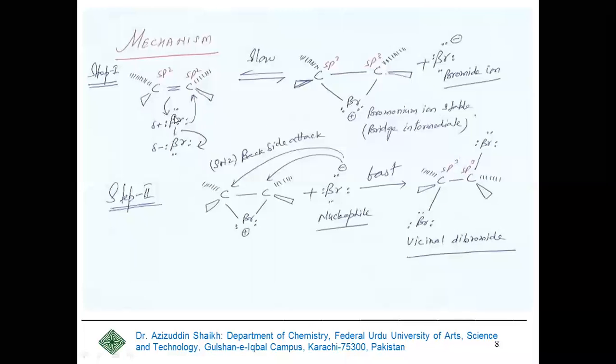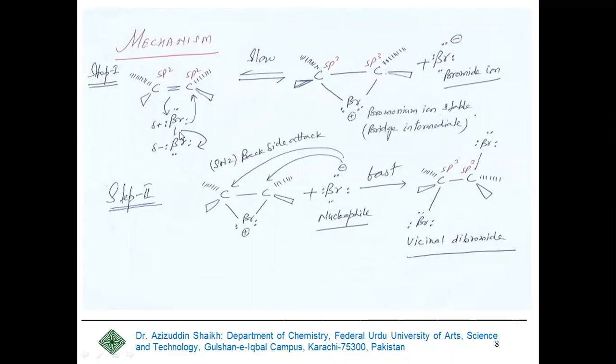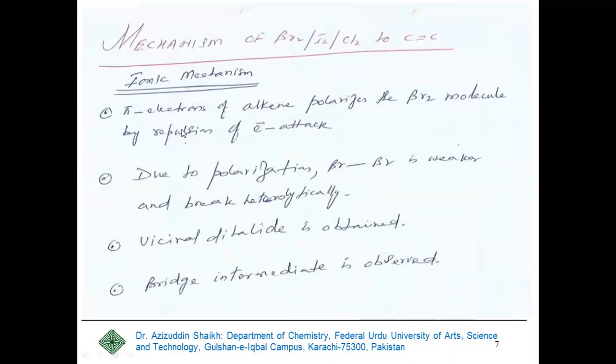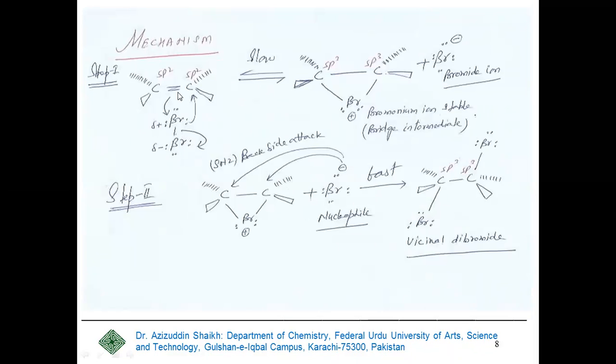Now it is polarized, and the bond is weaker and heterolytically cleaved. The pi electrons attack this bromine, and the other bromine is removed as Br negative. This is the slow, rate-determining, and reversible step.